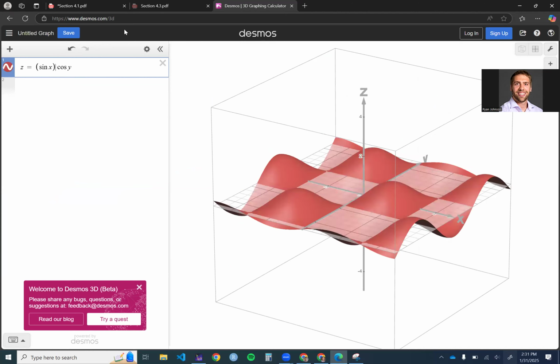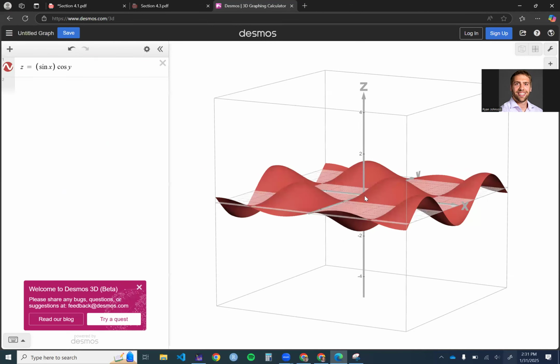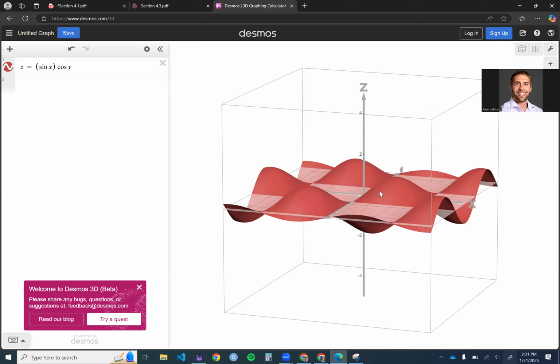There we go. Okay. So in these squares it's below, and in these squares it's above. So it's like one of those mattress pads.